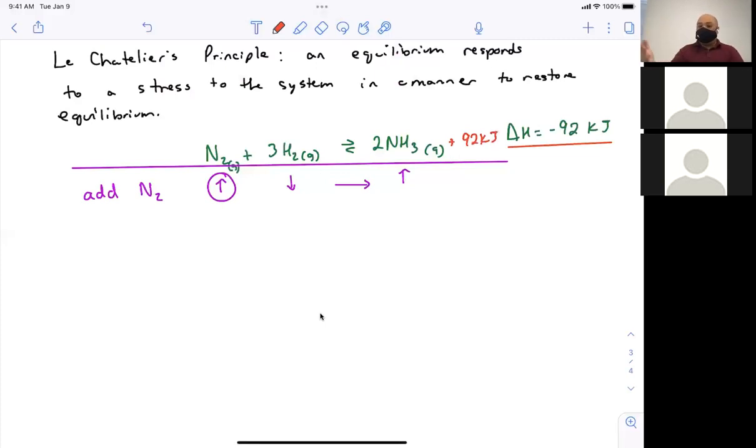As a side effect of increasing the amount of N2, you'll also increase the amount of heat being produced. So the temperature should go up because it's producing more and more heat as the reaction goes toward that side of the equilibrium. So understanding exothermic and endothermic is a prerequisite for parts of Le Chatelier's principle.